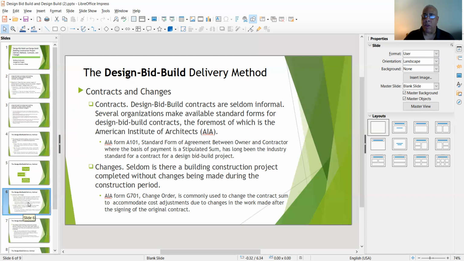That's where you get into AIA Form G701, which is a change order. I'm going to get into change orders later. A change order is commonly used to change the contract sum to accommodate cost adjustments due to changes in the work made after the signing of the original contract.